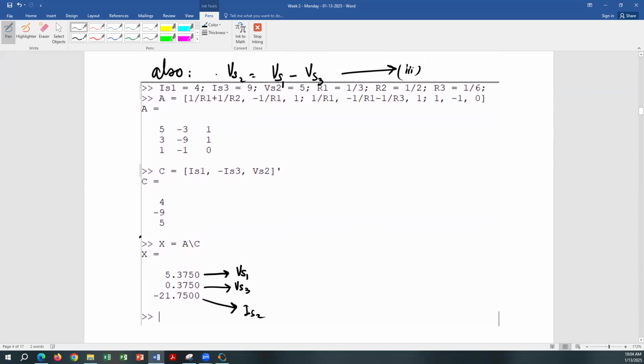These are the unknown quantities that we are looking for. We were looking for the voltages across source 1 and source 3.